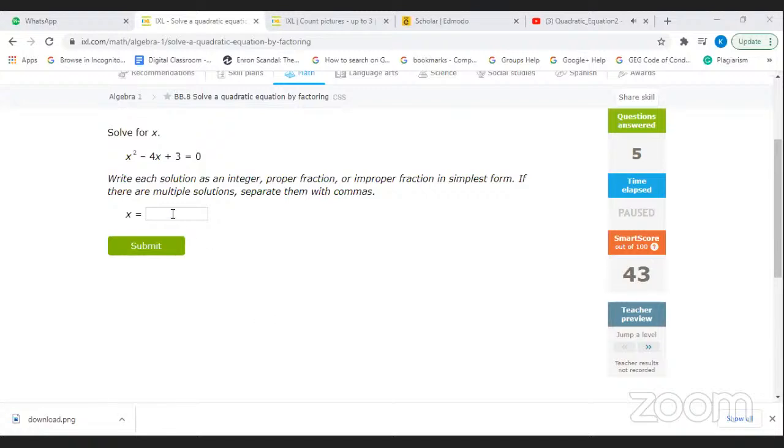So let's quickly put that one there. That's 1, 3.